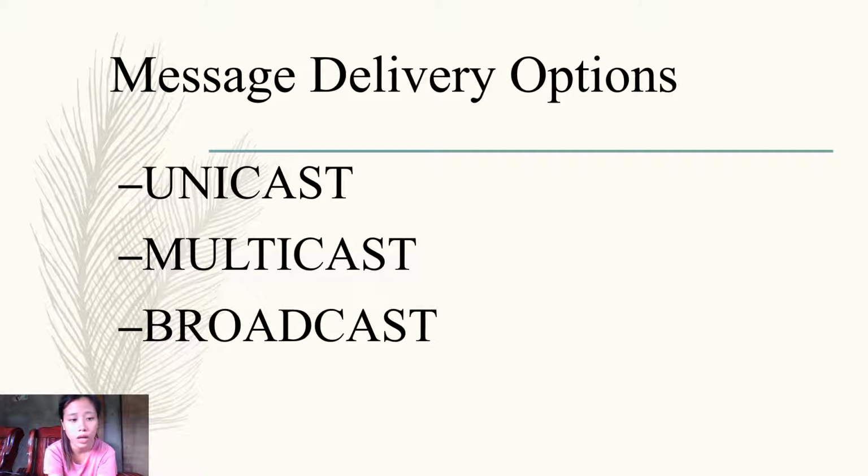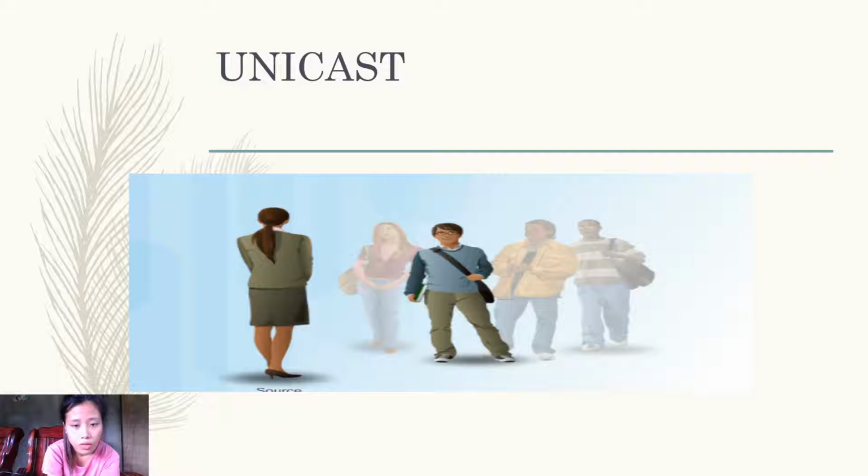You have here unicast, multicast, and broadcast. For unicast, as you can see in this picture, it is a one-to-one conversation or one-to-one delivery option. It is referred to as unicast, meaning there is only a single destination for the message.